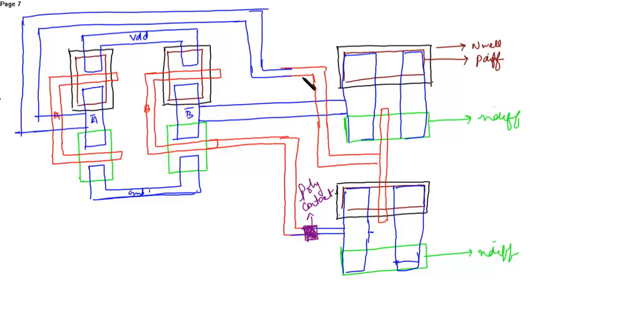So we need a poly contact over here. This is again a poly contact. Then A is connected to both this and this.